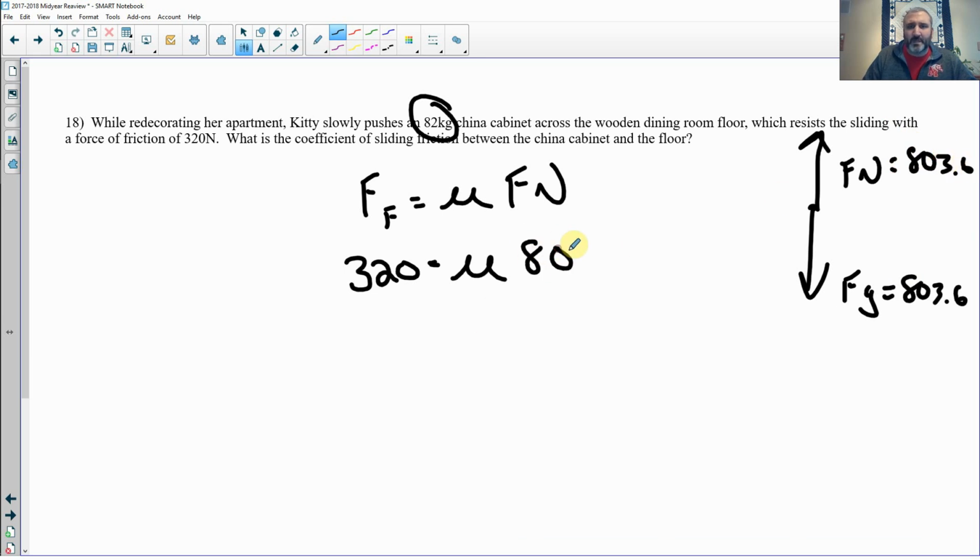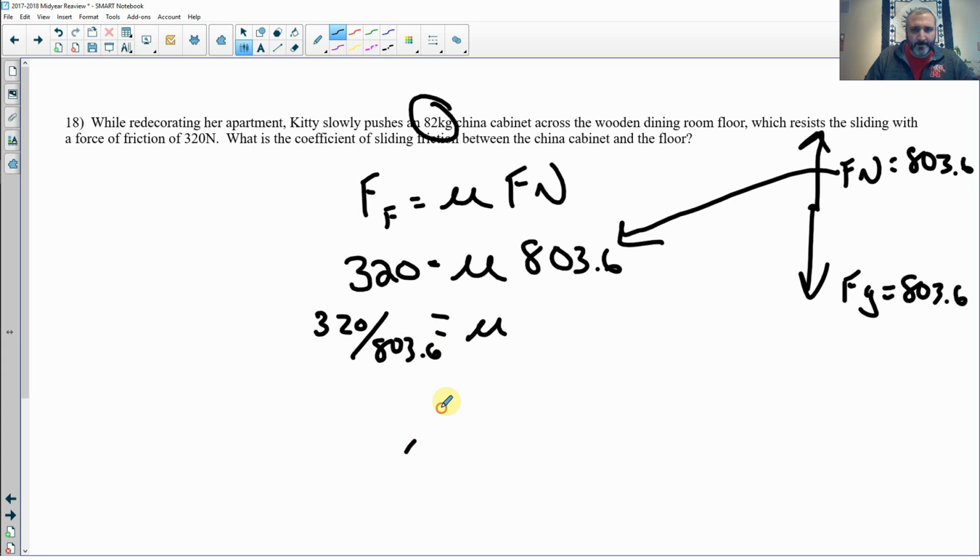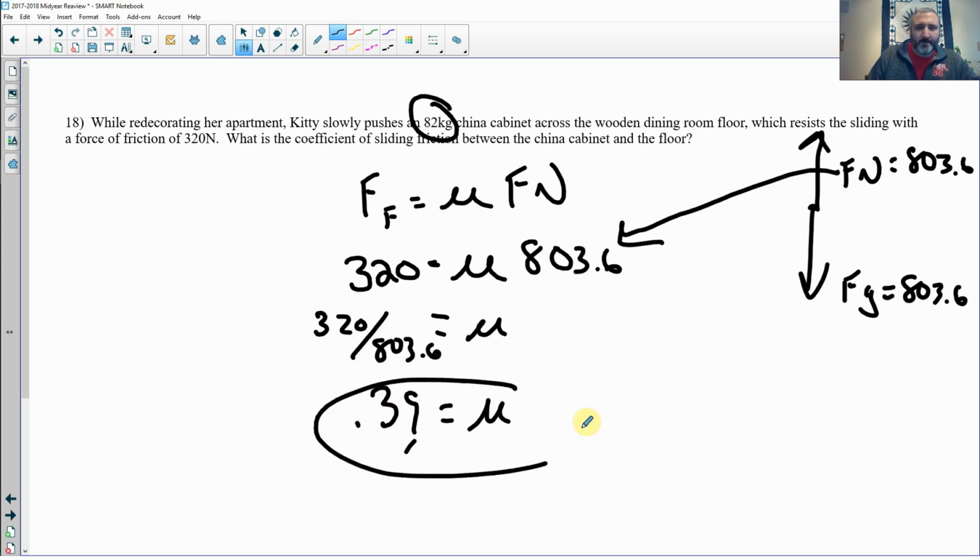So mu times 803.6. Got it. So now to figure out mu, we're going to divide both sides by 803.6. 320 over 803.6 equals mu, and that would mean 320 divided by 803.6, 0.39. There's your mu.